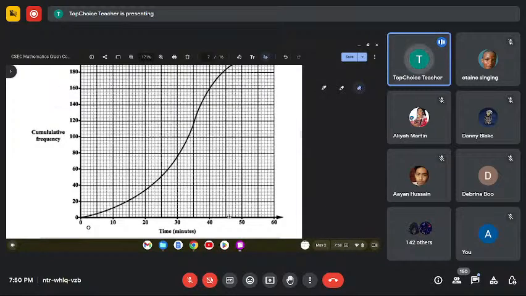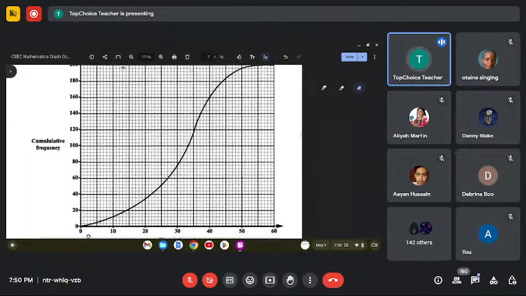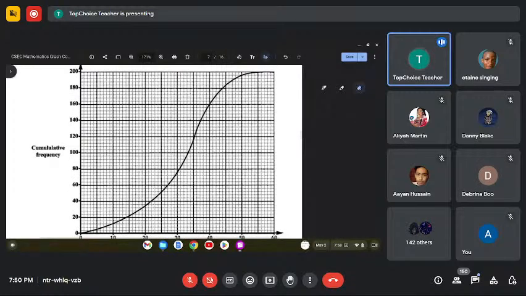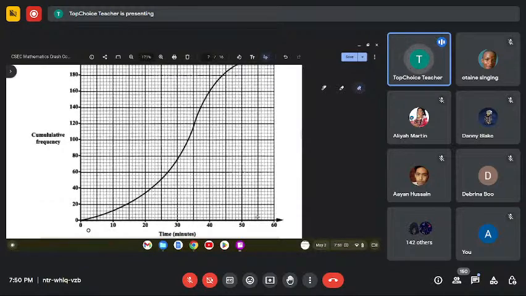You all kind of get the idea of how we're interpreting this? If you go up to 50, that's up here, and if you go across, that could be like 190 something students who would have done the exam by 50 minutes. Now that makes sense. Obviously, as more time goes on, more and more students will finish the exam, so that should not sound too strange.